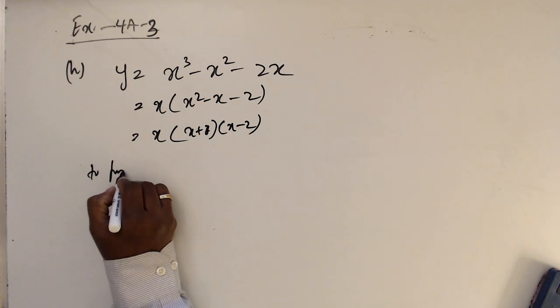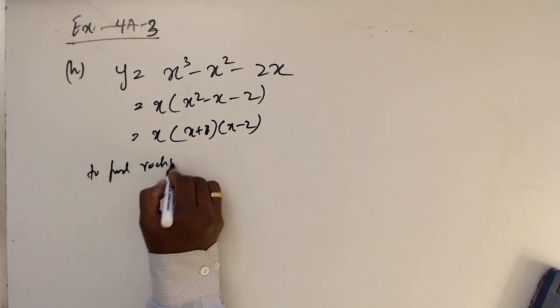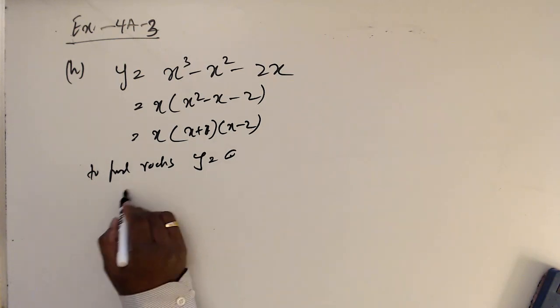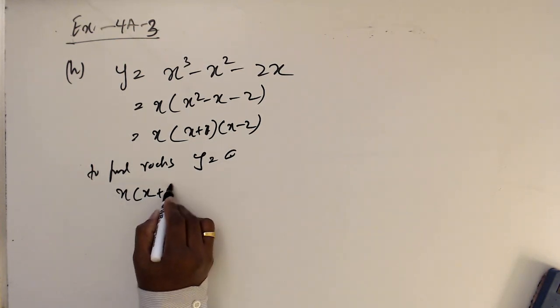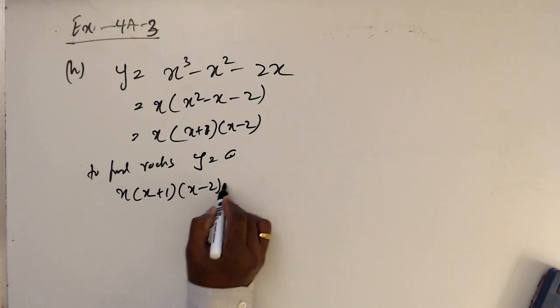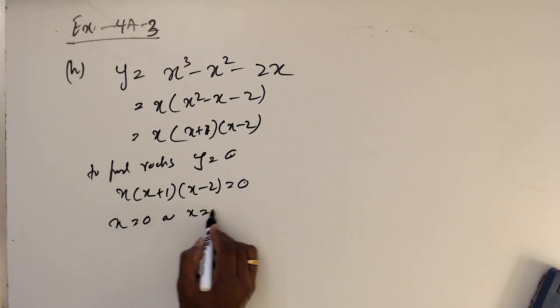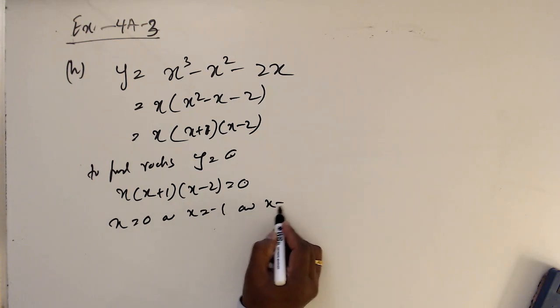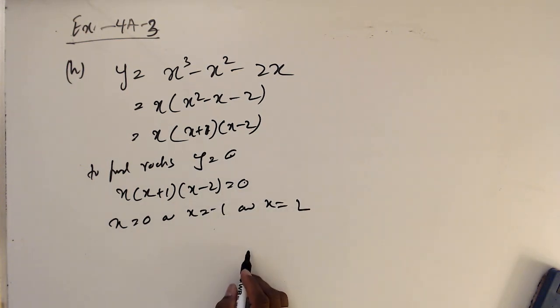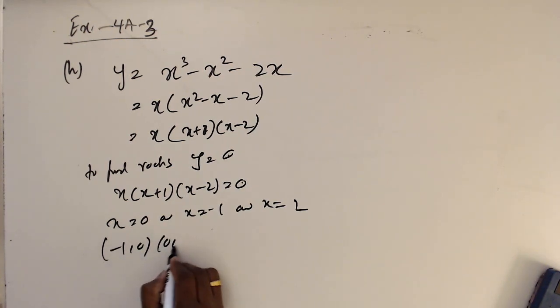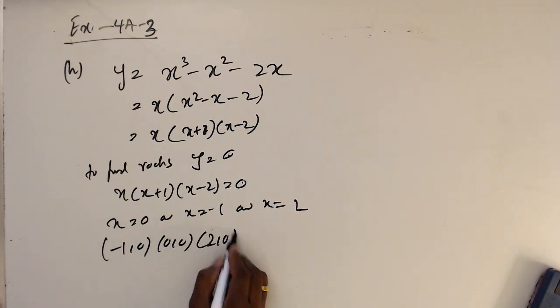To find the roots, you make y equal 0, then x(x + 1)(x − 2) = 0, so x = 0, or x = −1, or x = 2. The roots are (−1, 0), (0, 0) and (2, 0).